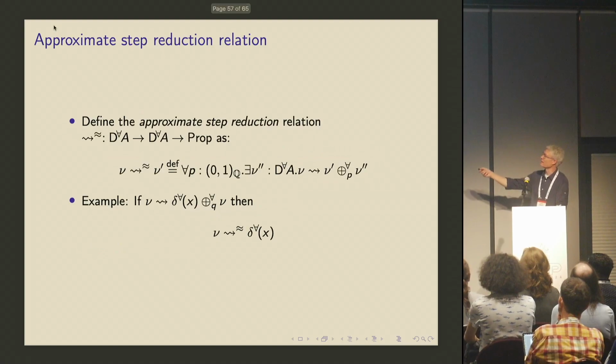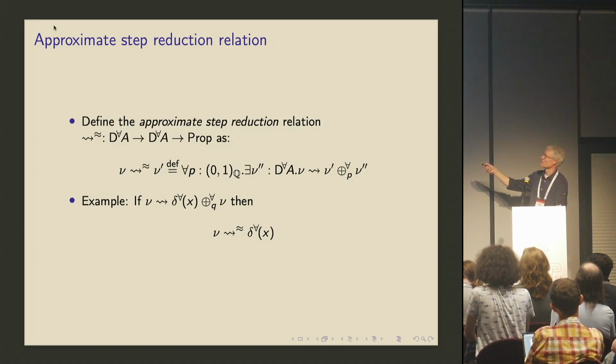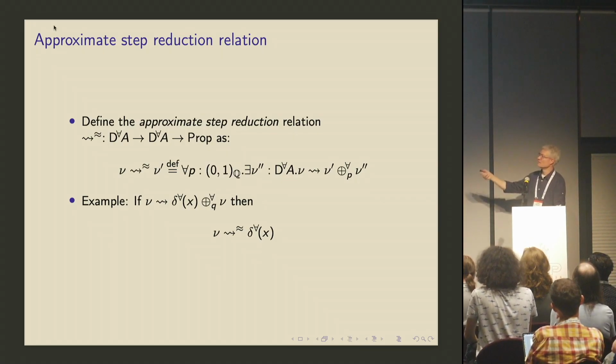And then I define this in the limit thing here, which says essentially that from new I can get arbitrarily close to new prime with some residual new double prime here. So you can think of this as: you choose new double prime here with probability epsilon, and with probability 1 minus epsilon, you have new prime, right? For any epsilon.